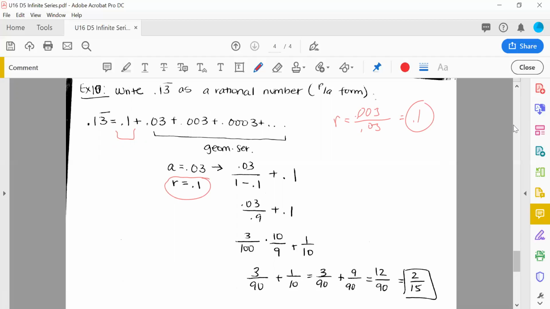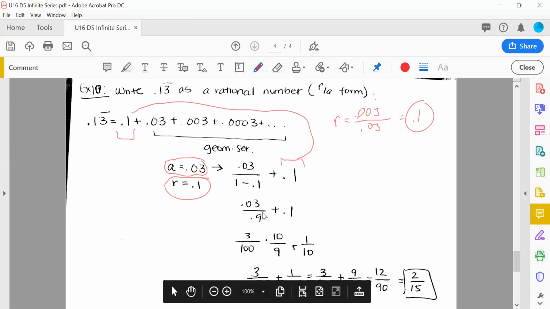And the first term of this geometric series is the 0.03. Okay, so you're going to take this infinite series, the first term 0.03 divided by 1 minus r, and then plus the 0.01. That's the 0.01 right here. Okay, just want to make sure you understand which is which. So that's 0.03 divided by 0.9.